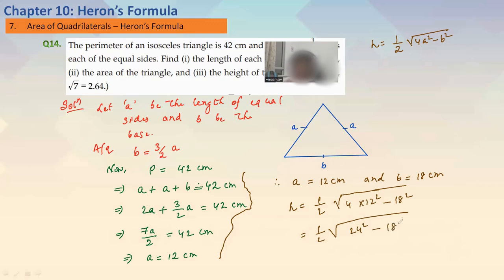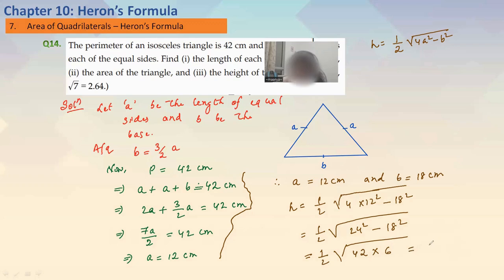Is there anything wrong here? No, so this is going to be 24 plus 18, which is 42, and 24 minus 18, which is 6.